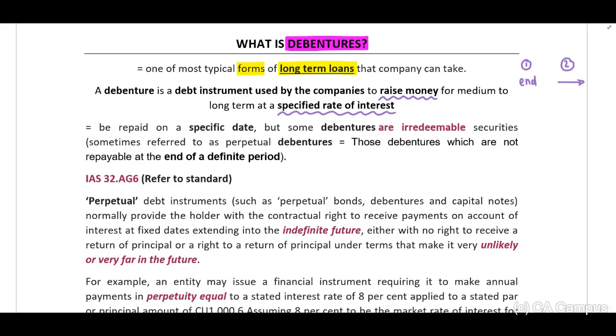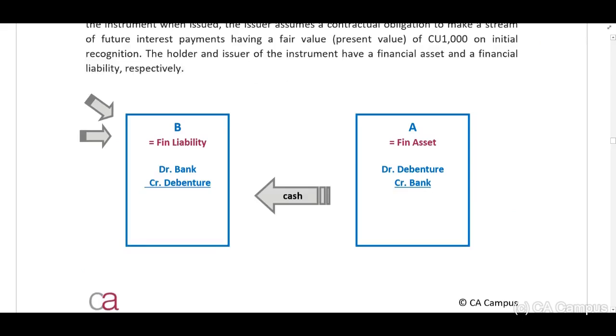Okay. Entity B required cash. Therefore, they've decided to issue a debenture. Entity A took the debenture. Therefore, in the records of Entity B will debit bank, cash received, bank increase, and credit a debenture.